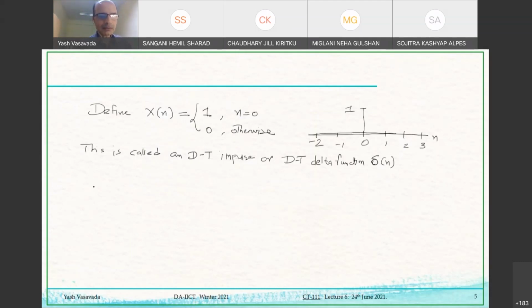So remember y of n is defined as the summation of k going from minus infinity to infinity, x of k, h of n minus k.